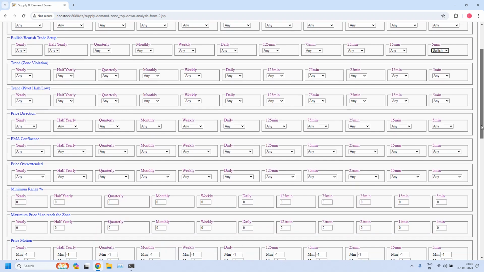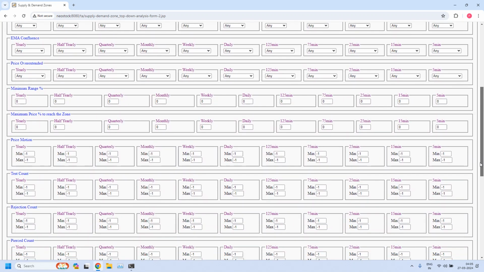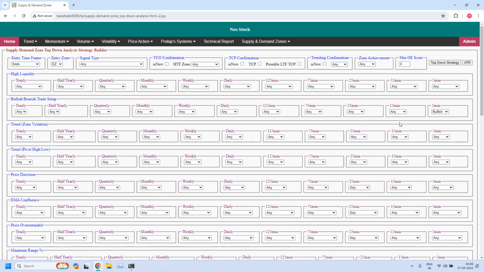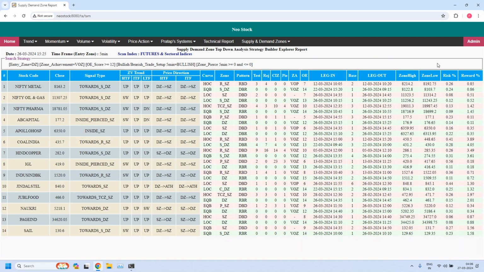And the pierced count you should set for the 5-minute time frame: minimum value 0, maximum value 0, which indicates the zone is not pierced. And zone achievement VOZ, and minimum odd enhancer score should be 12. And let us filter the stocks. Now we got 14 stocks which are supporting a bullish trade setup for hourly income trade.